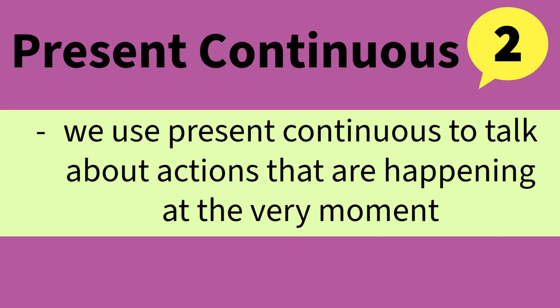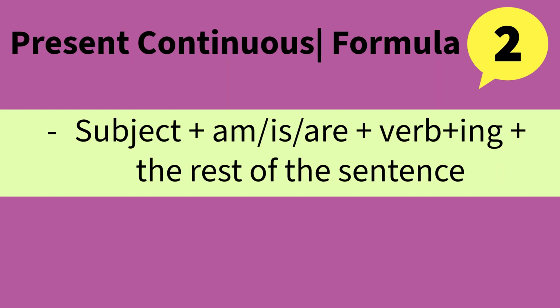Moving on. Next we have the present continuous tense. We use present continuous to talk about actions that are happening at the very moment. In order to form the present continuous tense, we use this formula: subject plus am or is or are plus verb plus ing, followed by the rest of the sentence.